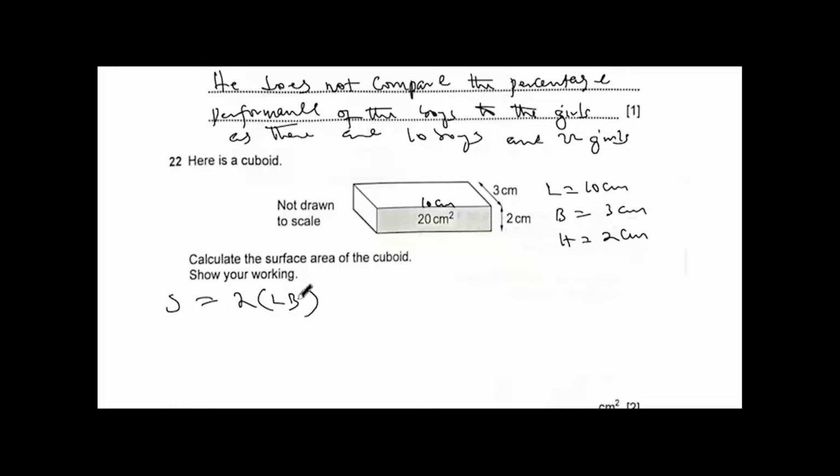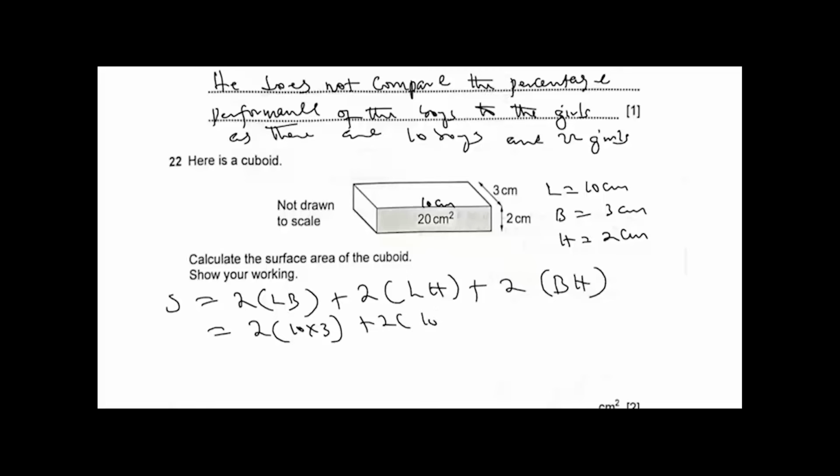Let's substitute the values: 2 into 10 times 3 plus 2 into 10 times 2 plus 2 into 3 times 2. So this will be 2 into 30 plus 2 into 20 plus 2 into 6.